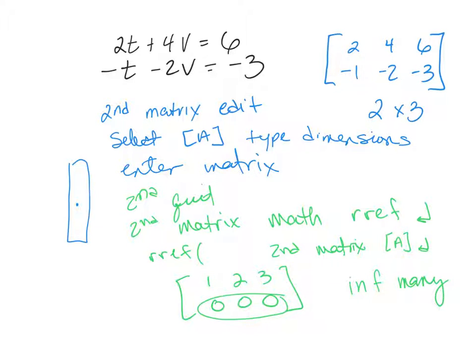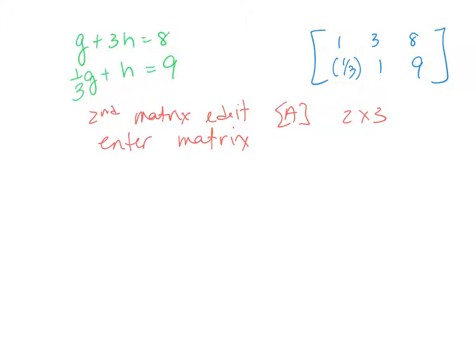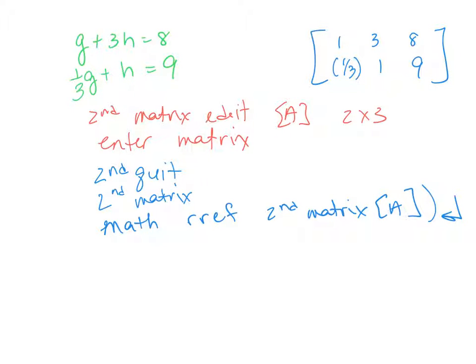But there you go. This one's ready to put in as a matrix, right? So my matrix is going to be 1, 3, 8, 1/3. I put it in parentheses. 1 and 9. Depending on your calculator, you don't have to do that. Go ahead and key in your matrix. Now we're going to enter our matrix into the calculator, following the directions from before. So we did the same thing we did before, and this matrix is 1, 3, 0, 0, 0, 1.